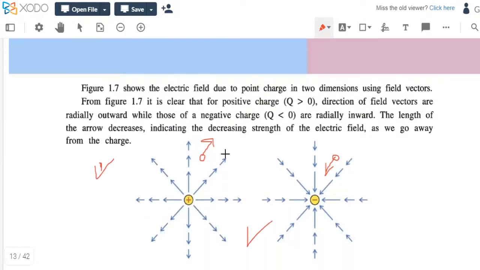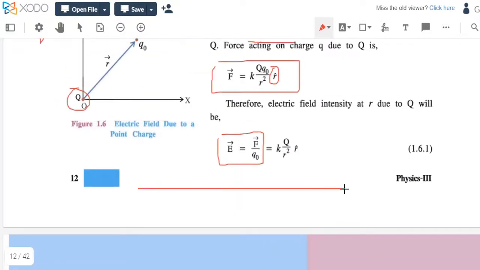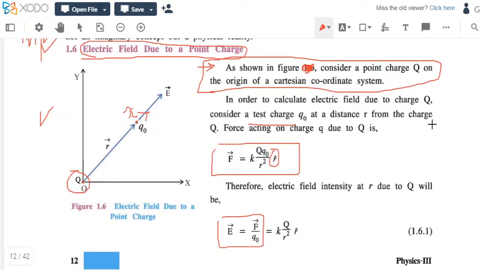The figure below shows the electric field due to a point charge in 2 dimensions using field vectors. Up to this our theory is done. So this is our theory, and it can be asked for 2 marks.